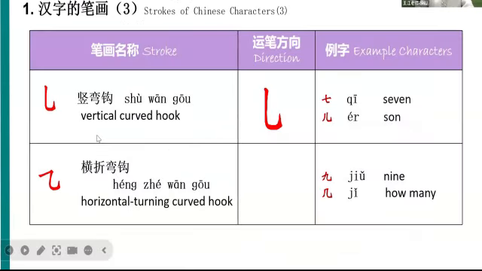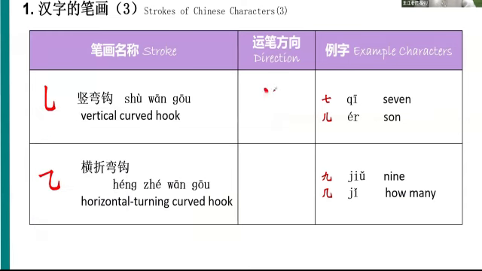Let's go on to the part of writing. Let's continue to learn some strokes of Chinese characters. Please take a look. Look at this stroke. 竖弯钩, vertical curved hook. So everyone, please take out your exercise books and your pens and just write after the PPT.